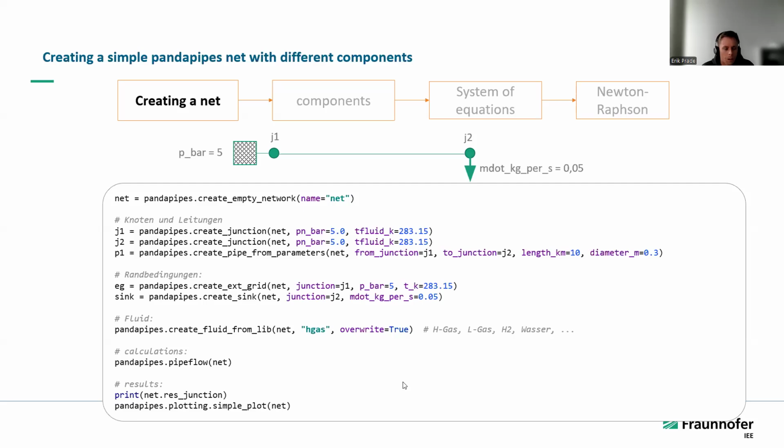And in the next step, you could create your own fluid or create a fluid from the standard type library, in this case H-gas, which is just a predefined common gas with its heat capacity and density parameters. In the next step, you would then do the calculations by calling pipeflow. And in the last steps, you can take a look at your results and, for example, plot them.